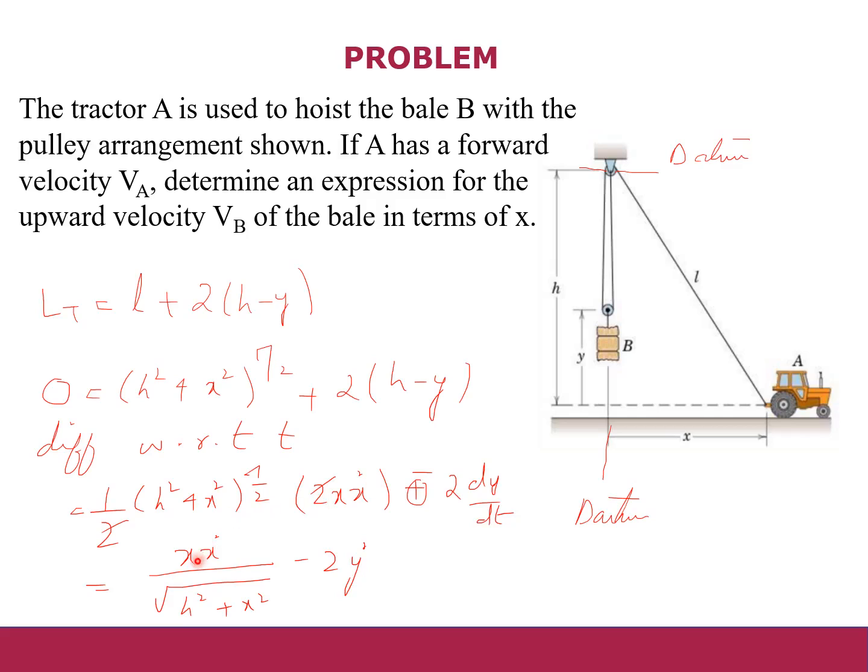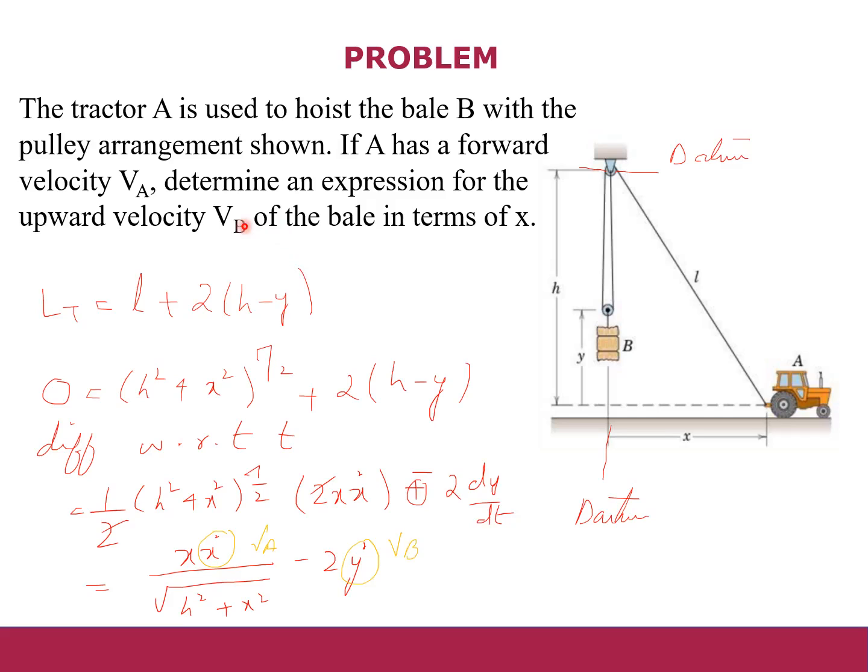And you can say that this x dot is the velocity of A with respect to time. So you can represent this x dot as VA, right? And this y dot is the velocity of the block B, so this is VB.